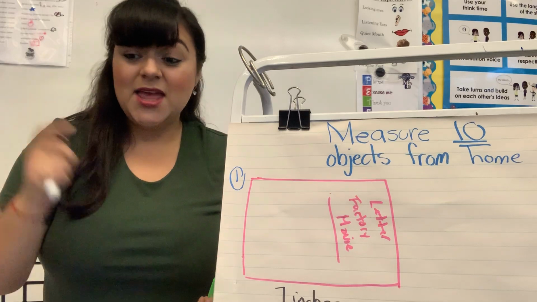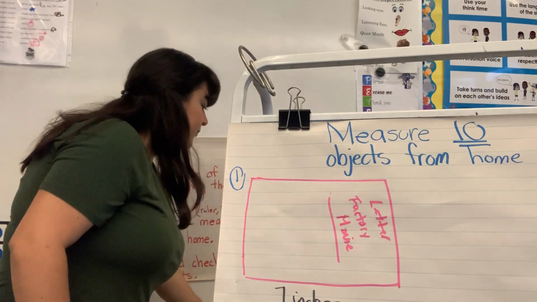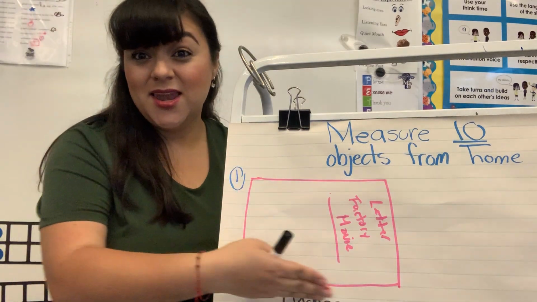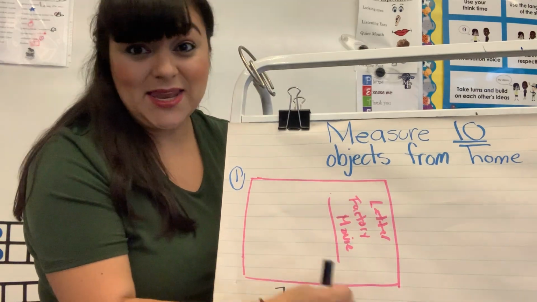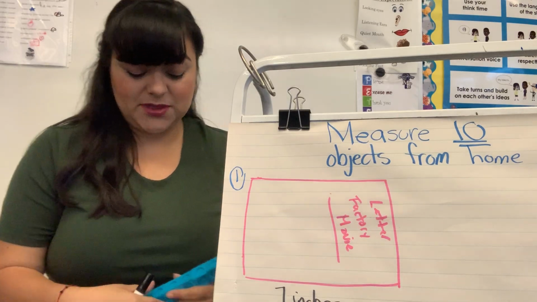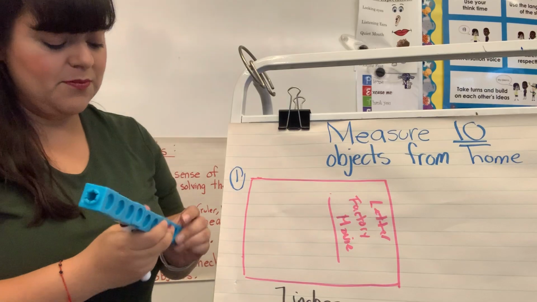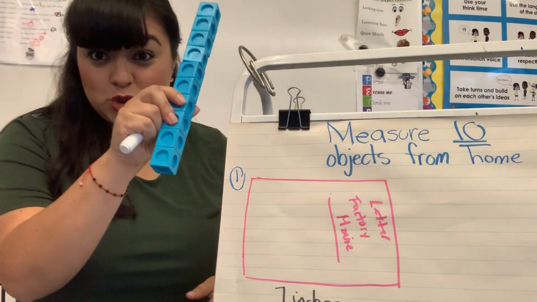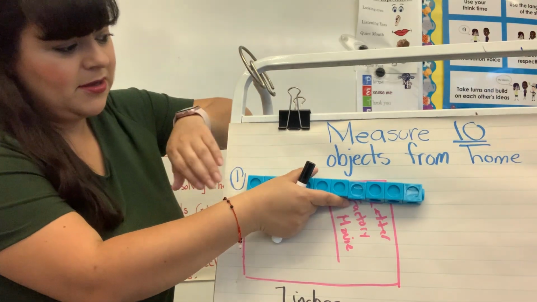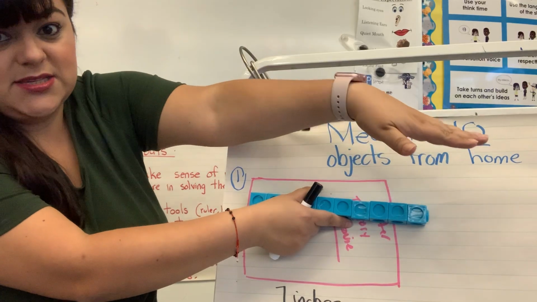Now, let's say you don't have a ruler at home to measure. That's okay. Let's use something else to measure with. I can use cubes, or you can use Legos and line them up and write how many Legos something measures. So we're measuring the length of something. That's how long something is. Okay, so remember, with anything you use, any tool, you're going to align at the beginning. Now, I see this is too big, right? It passes.